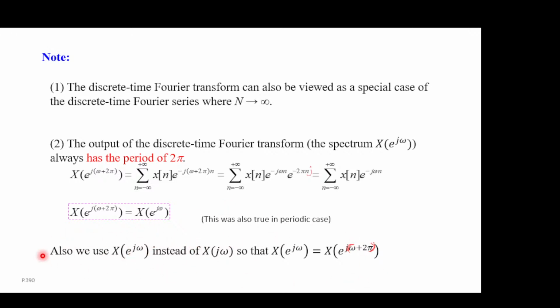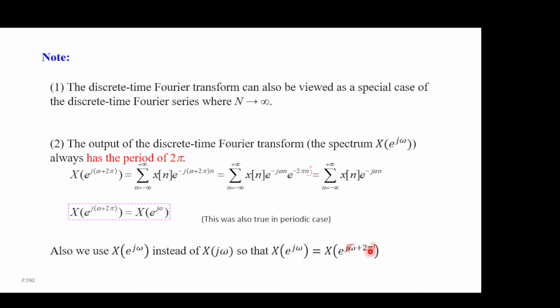It actually makes writing things a little annoying because they are mostly to type. But anyway, you can think of this just as a function of omega, and we'll plot it as a function of omega. But we would like to write it as a function of e to the j omega to remind us that omega has this period 2 pi. Okay.